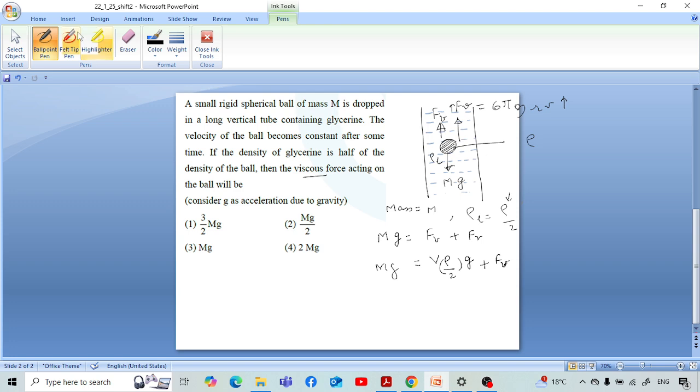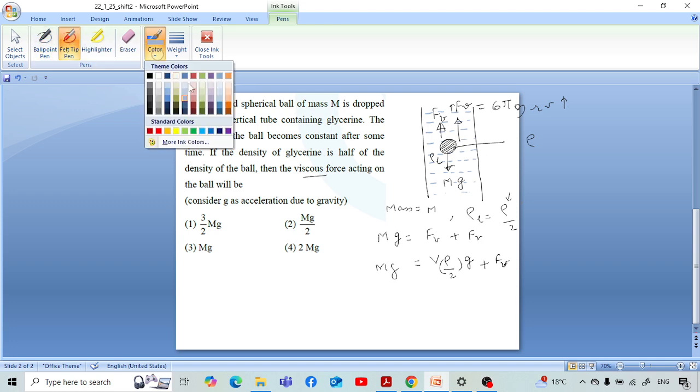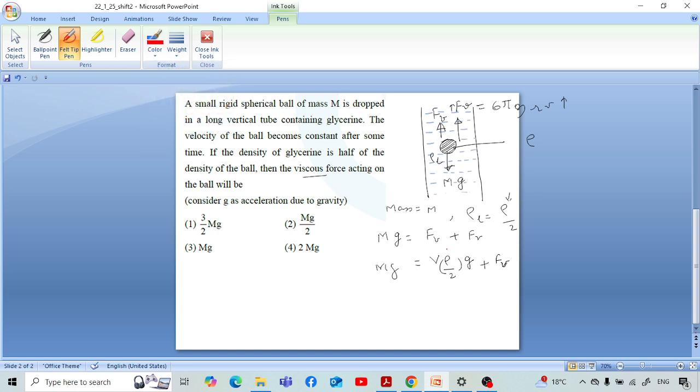Now we know that v into rho, the volume of the ball multiplied by the density of the ball, is nothing but the mass of the ball. So we can write m, divided by 2, into g.